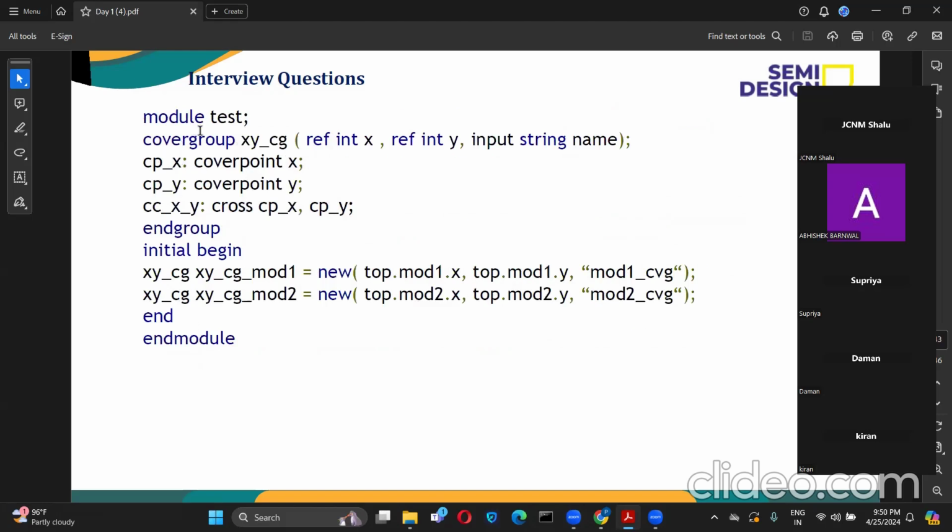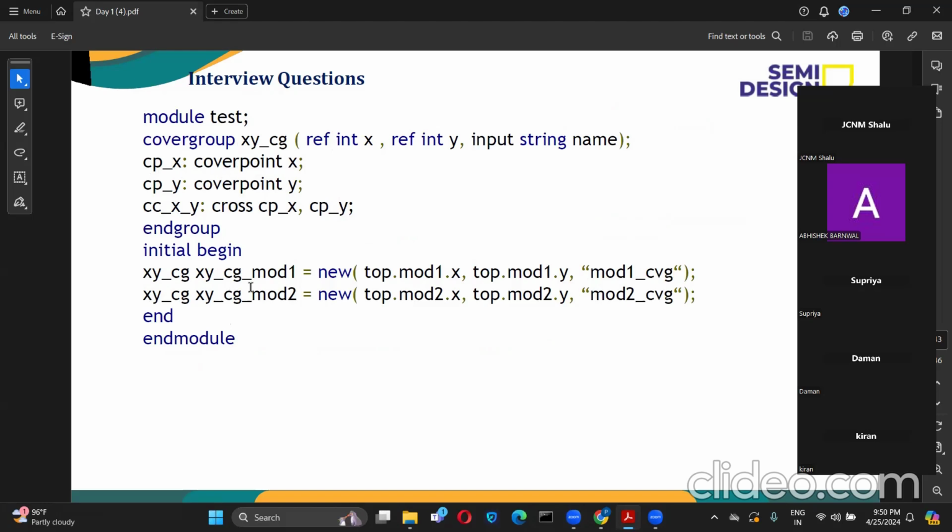We have a cover group here, just like in a task, and we give the ref keyword. Using the ref keyword, we declare the arguments, and here you are giving some input string name. Here we have a cover point X and cover point Y, and then we are doing the cross of these two cover points.